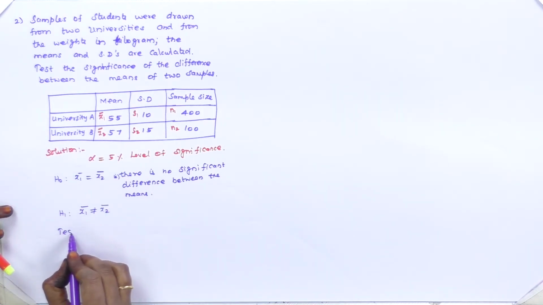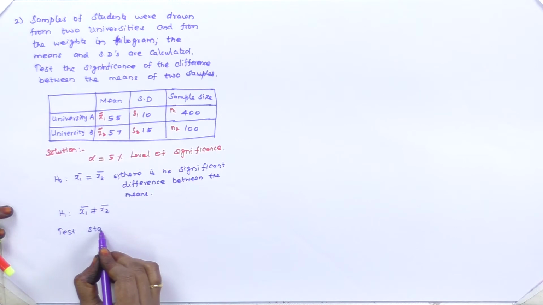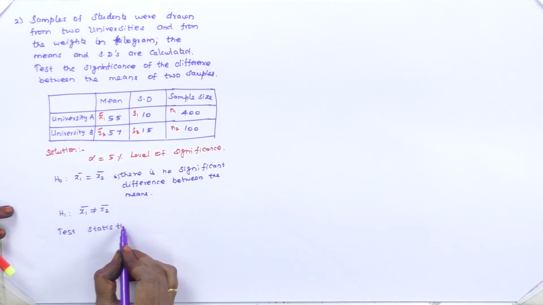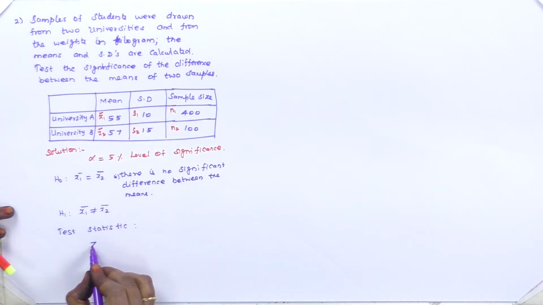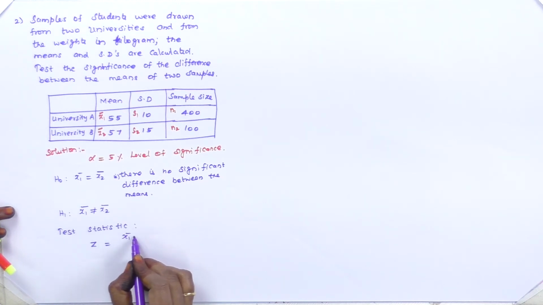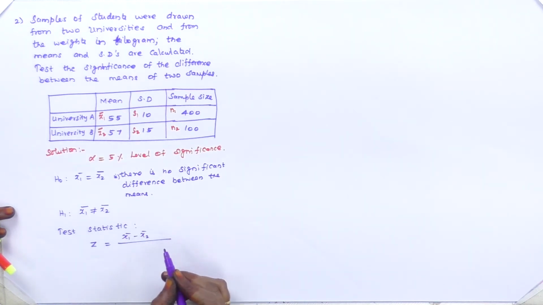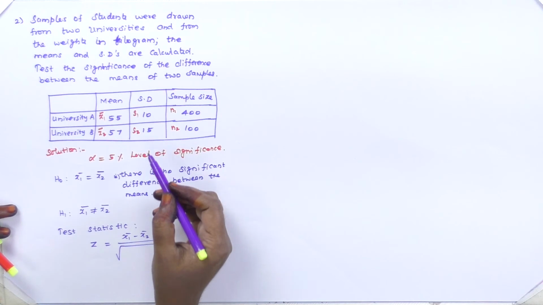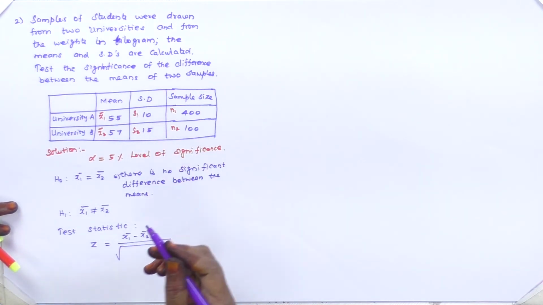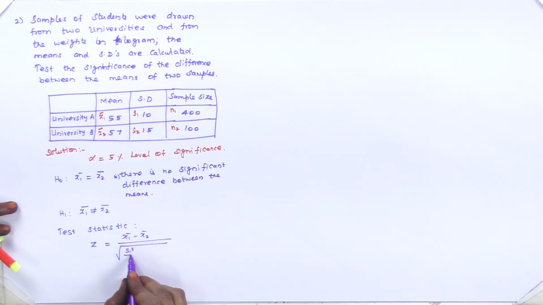Next find the test statistic. It is equal to x1 bar minus x2 bar divided by the square root of, here sample standard deviations are given, S1 square divided by N1 plus S2 square divided by N2.